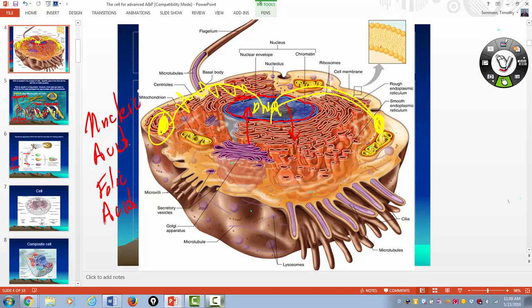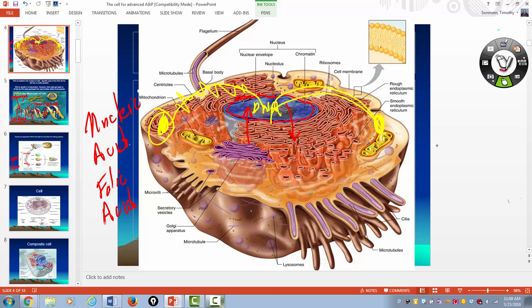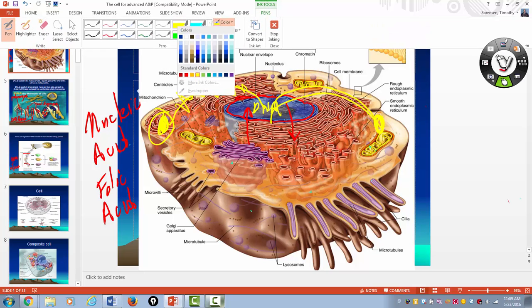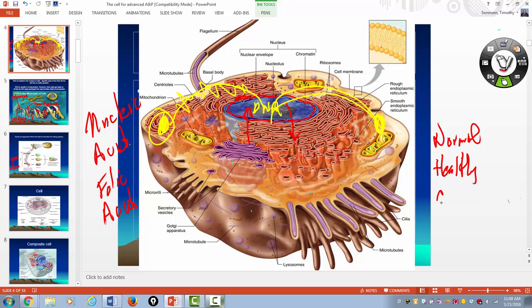So not only will chemotherapy prevent cancer cells from dividing, but this is really important, it will also prevent normal, healthy cells from dividing. Right? And what cells of your body divide rapidly? Skin cells, hair cells. So that's why if you're on chemotherapy, your hair falls out and it doesn't grow back.